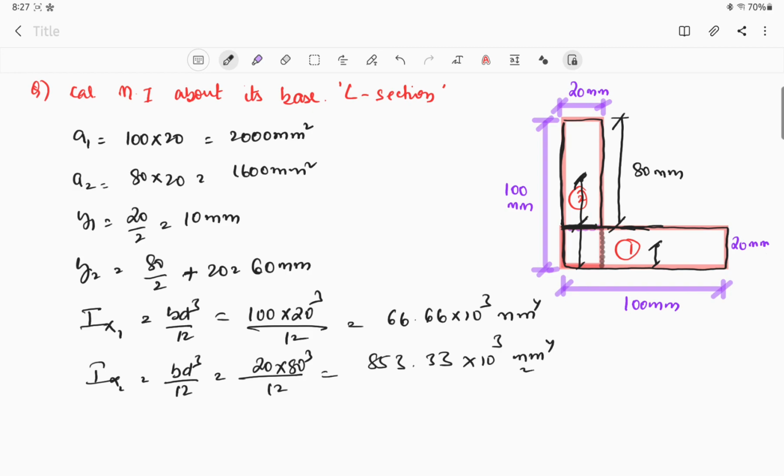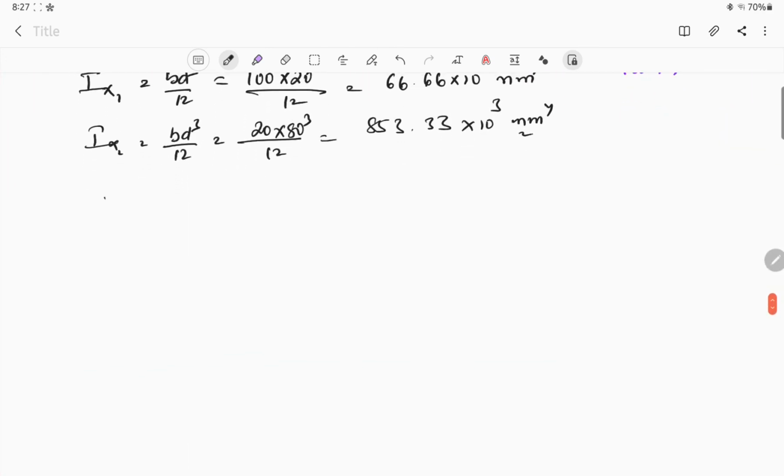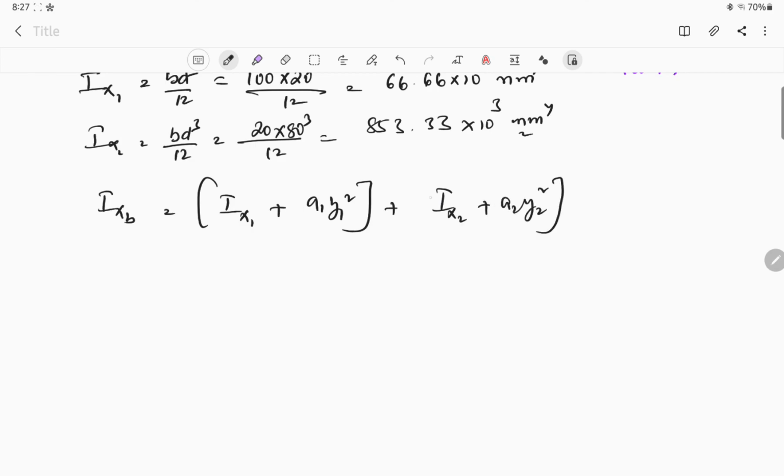Now for the calculation of our final moment of inertia about its base, we have to go with the same solution. What is the formula we have? Ix bar, the moment of inertia about its base, is nothing but Ix1 plus A1 y1 square plus Ix2 plus A2 y2 square.